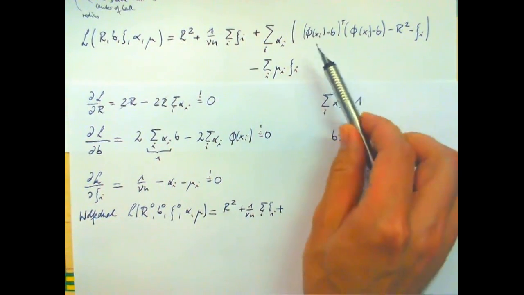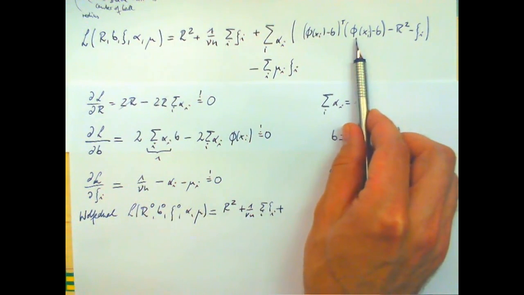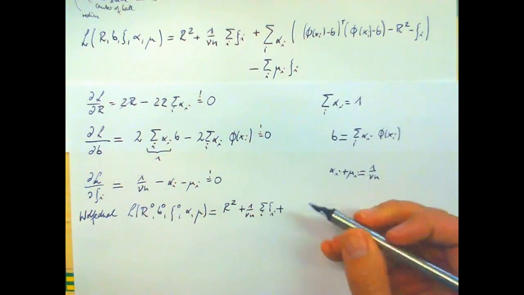Now here I get an inner product of the phi transpose phi, which I can write directly as a kernel.